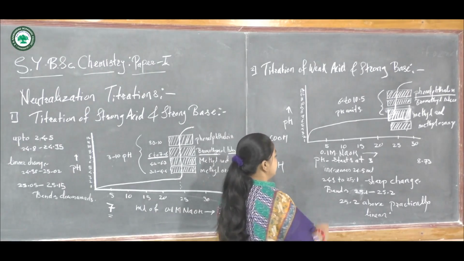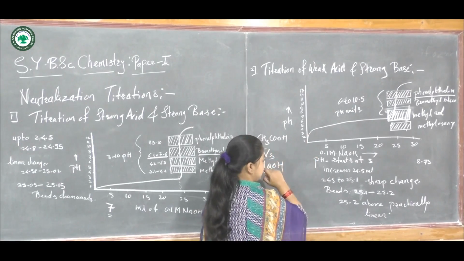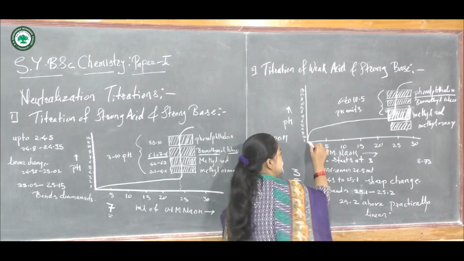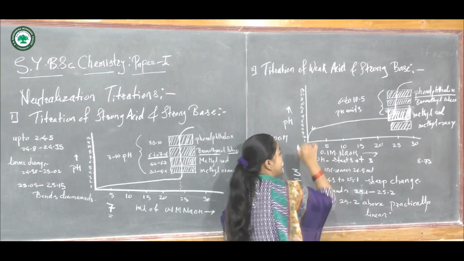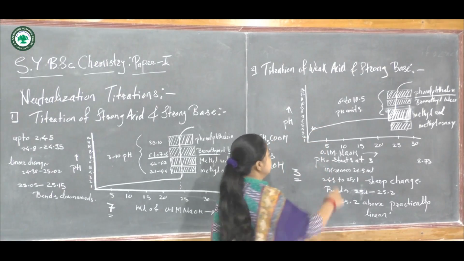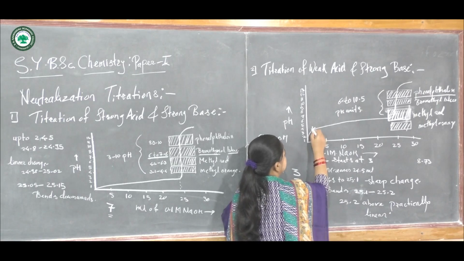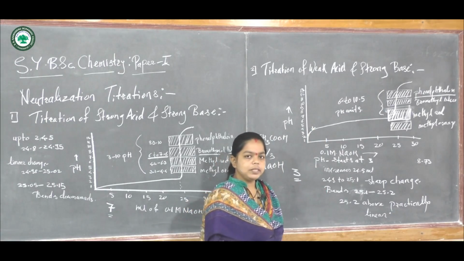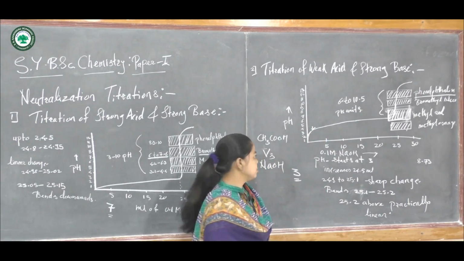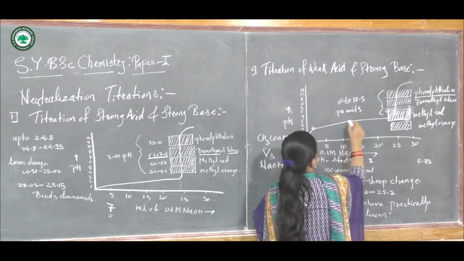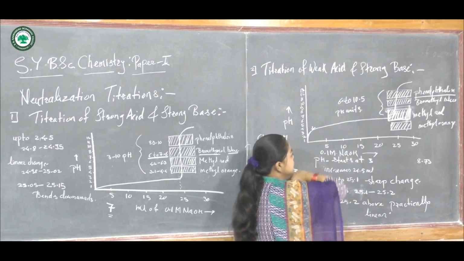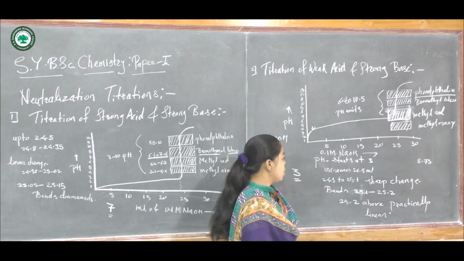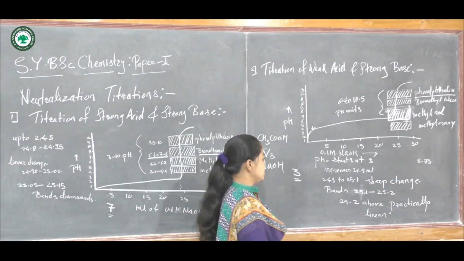In this case the pH at the start of the titration is nearly 3. From the pH value of 3 the graph starts, and there is not much increase observed. So the graph is linear here, there is no change in the pH in this case.